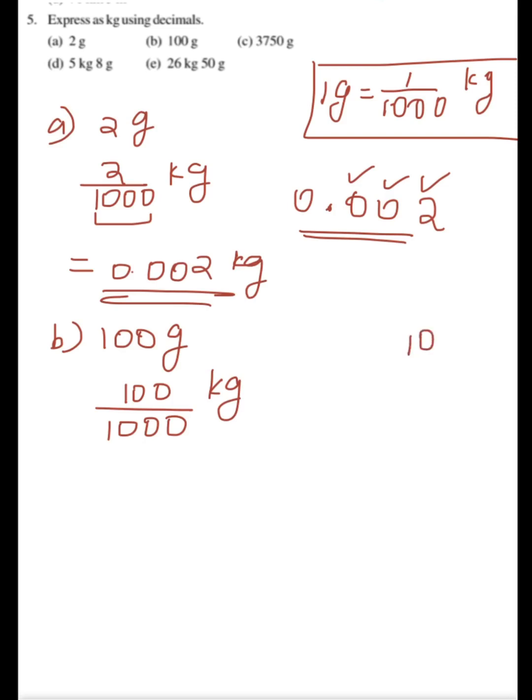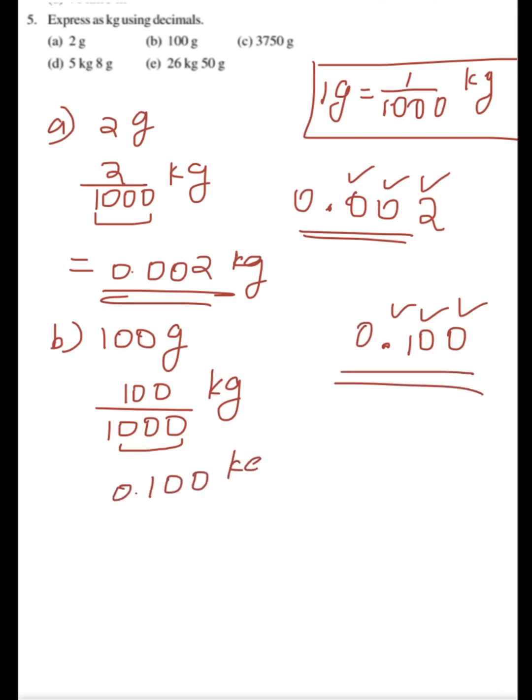Now 1000 means 3 zeros. So after the decimal point 3 numbers. So 1, 2, 3. So here you can put the decimal point. So our answer will be 0.100 kilogram. So 0.100 means what? After the decimal point there is no value for 0.